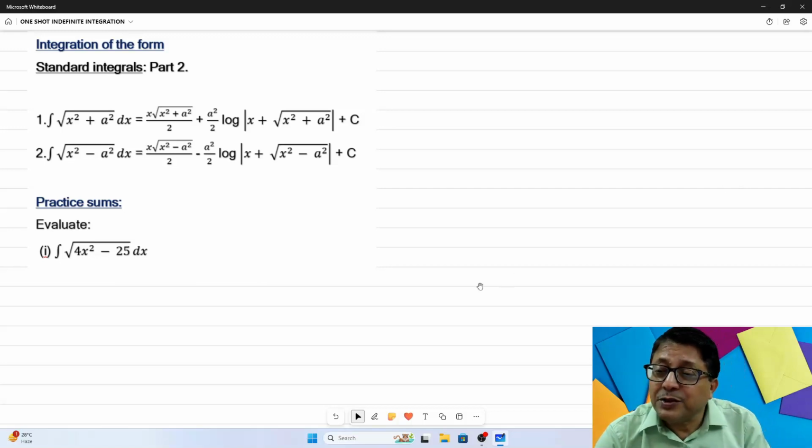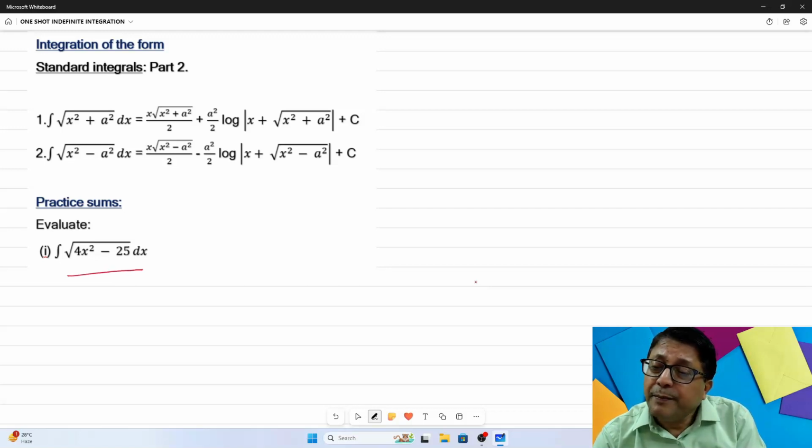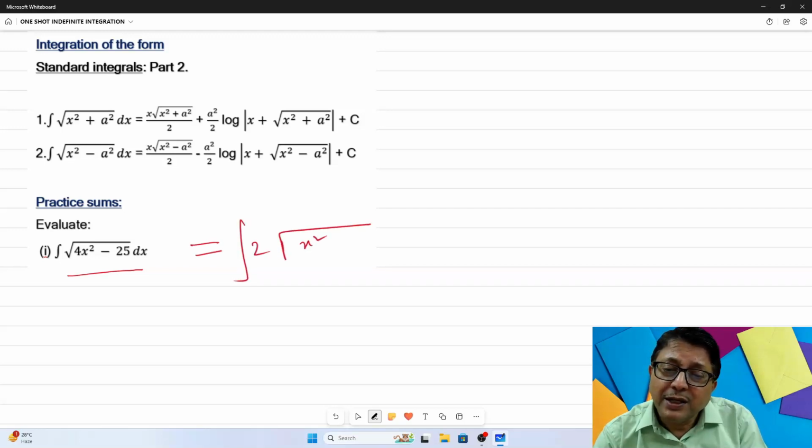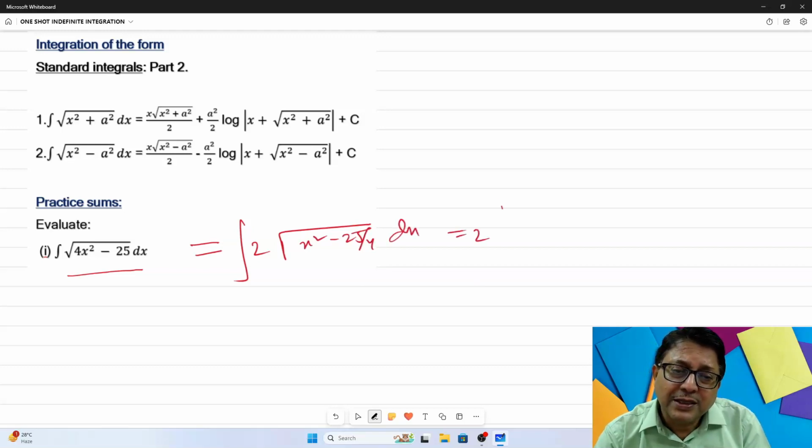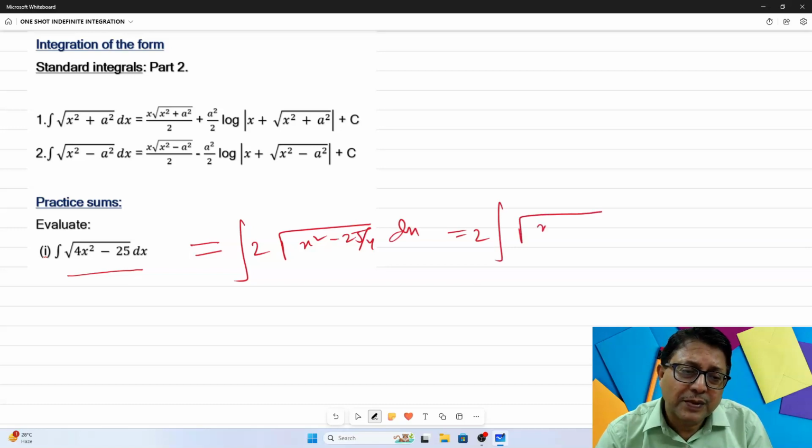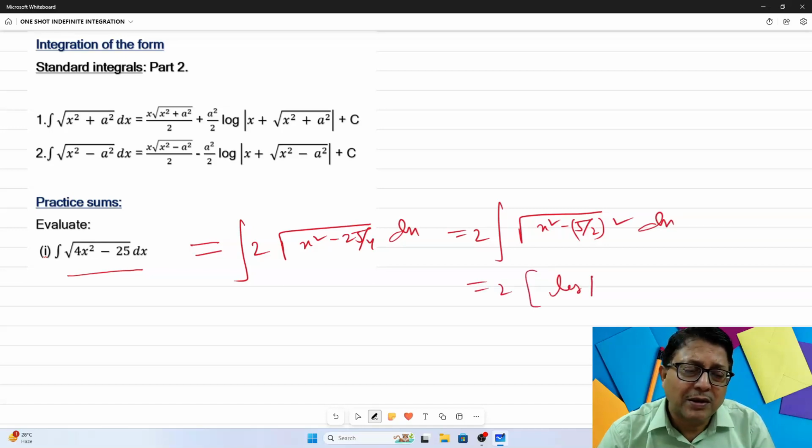So again, to integrate this, we will follow the procedure we have followed previously. Make the coefficient of x square 1, isn't it? This 2 you take outside, x square minus 25 by 4 dx, to x square minus 5 by 2 whole square dx, and this will be what?